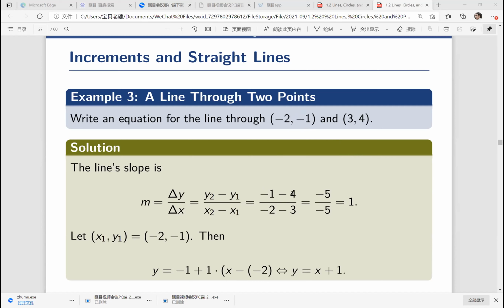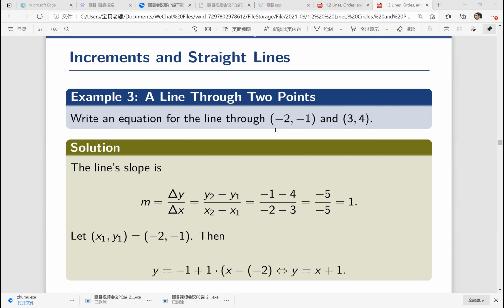This is delta y, and then -2 minus 3, and this is delta x. So we can compute the slope of this line is 1, right?